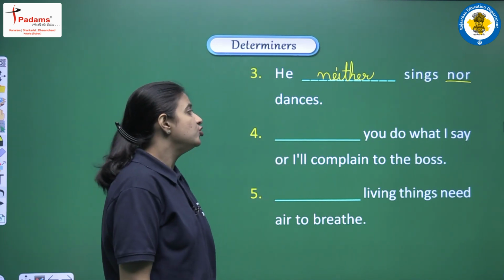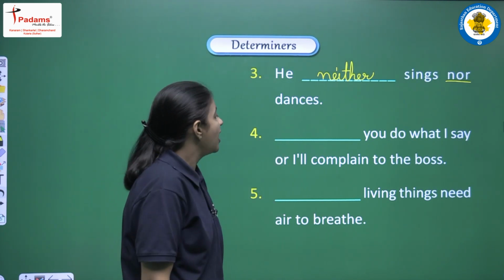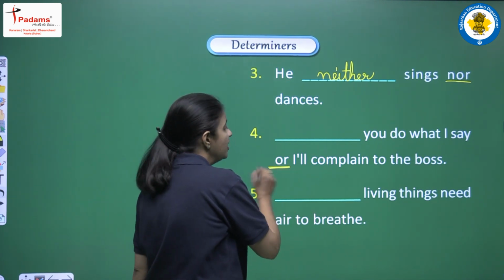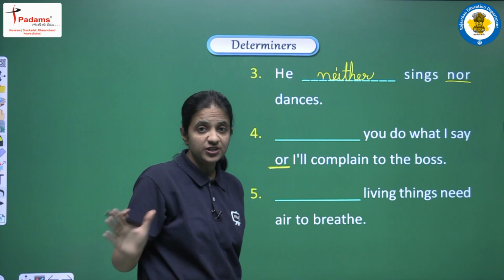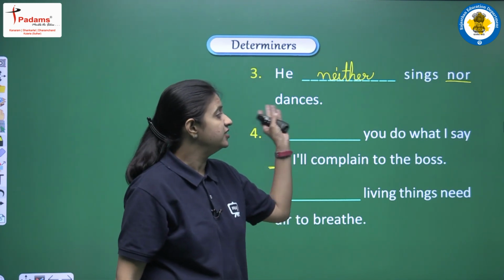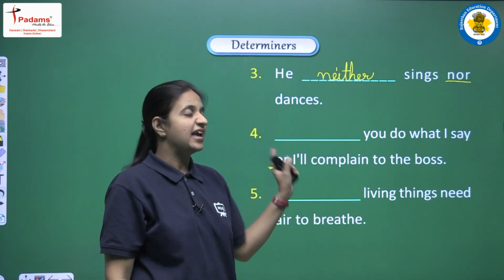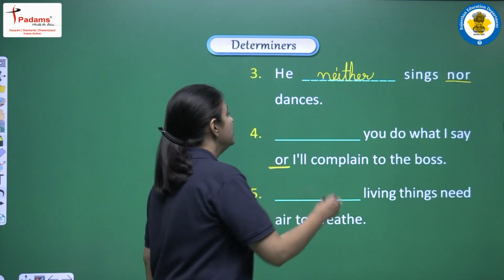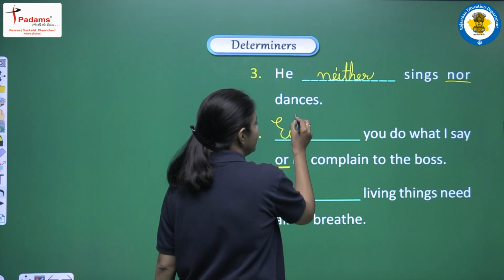Next is, you do what I say or I will complain to the boss. So in this sentence we are having or, and again we are having two options here. First option is just do what I say. Second option is I will complain to the boss, and we are having or. So yes, here our answer will be either.